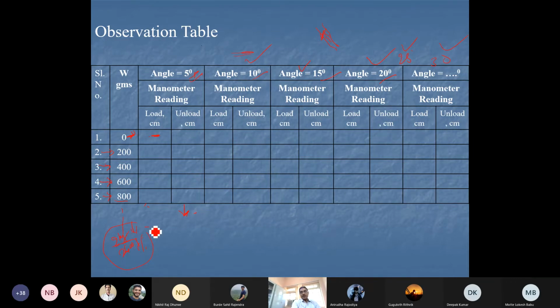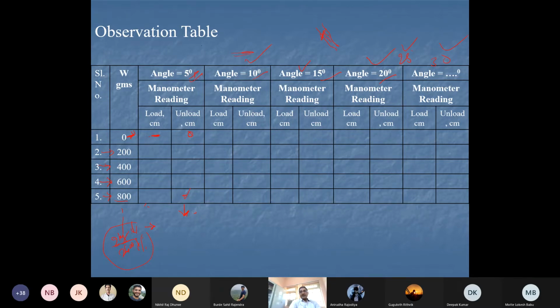So from, suppose, 2 kg or 2000 gram weight, we remove one, reaching 1800, then 1600, 1400, 1200, 1000, 800, remove 200 gram more, and finally reach back to zero load in the lysimetric tank.